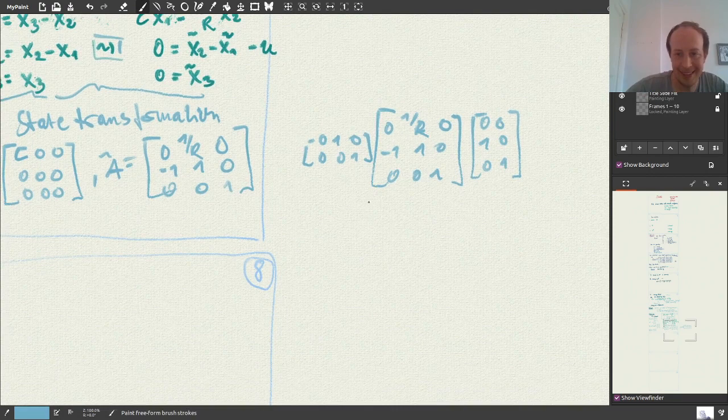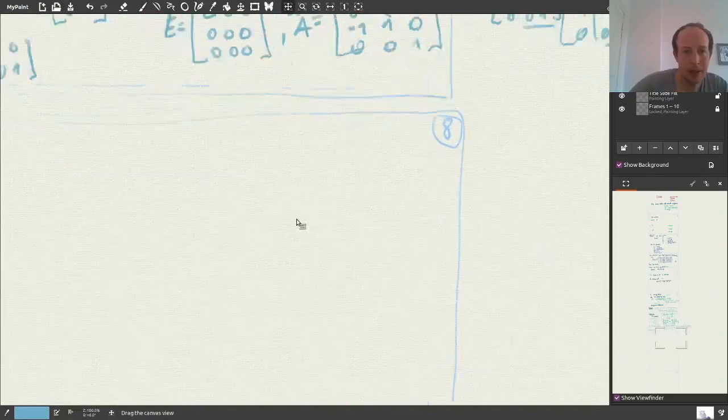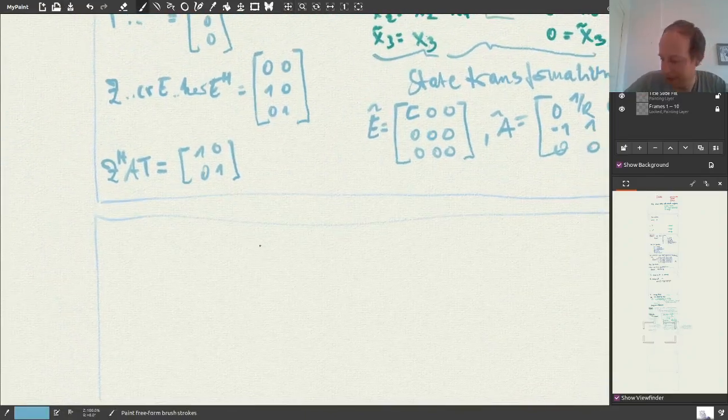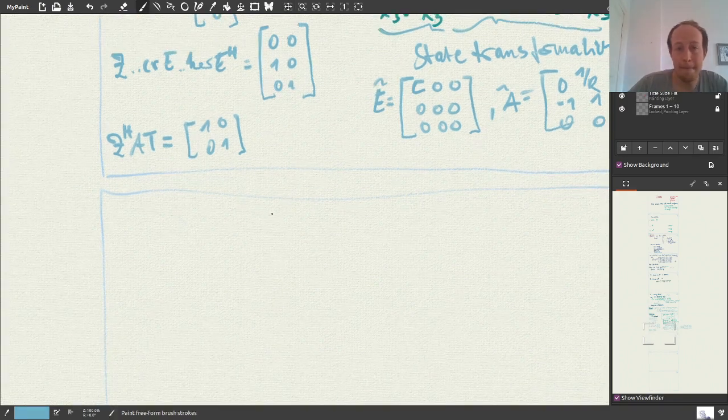Well, I like C already. Here's this identity block, here's this identity block. And if this is multiplied to this, it will pick up this part here. Okay. Trust me. Otherwise, feel free to calculate that. Alright, this is that A hat.